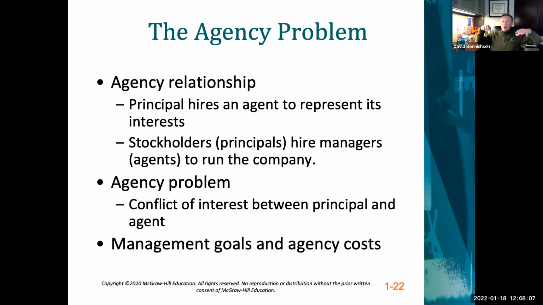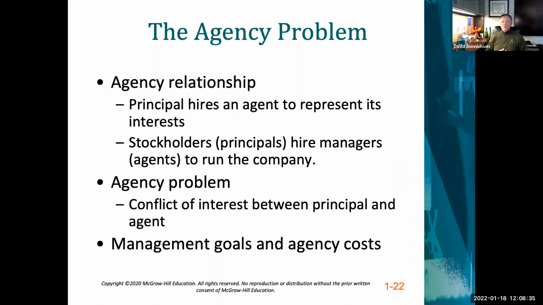You hear about corporate board takeovers, where they take over a board and fire people off the board. The principals, we as shareholders, we as stockholders, hire the managers, and the managers, AKA the board of directors, are responsible for running the company. But this can lead to what we call the agency problem, where we start to get a conflict of interest between the principal and the agents.